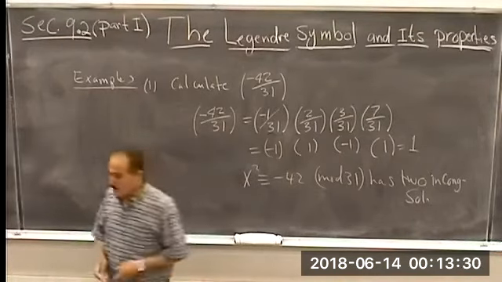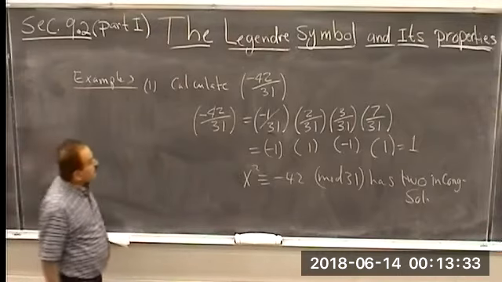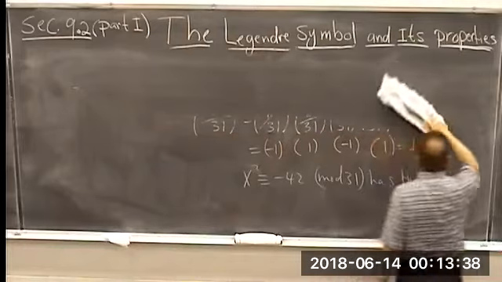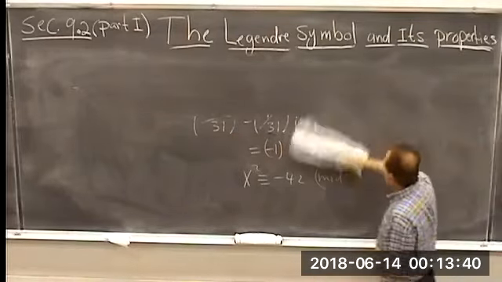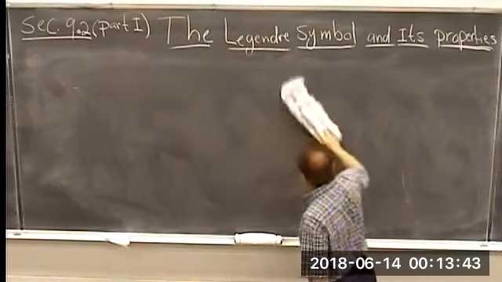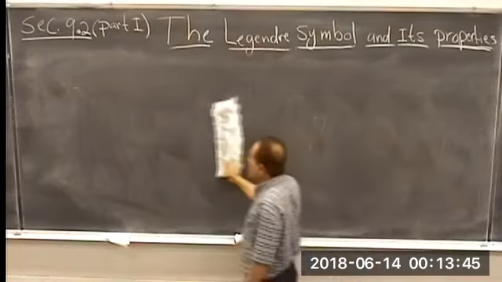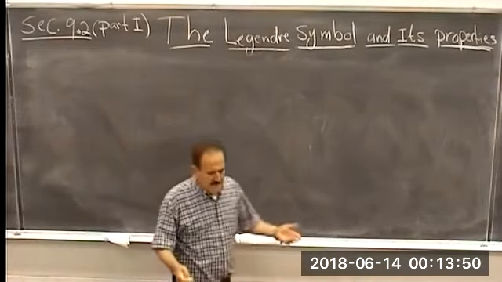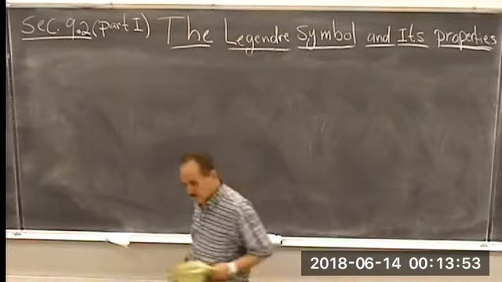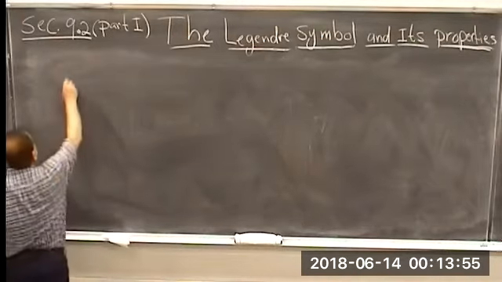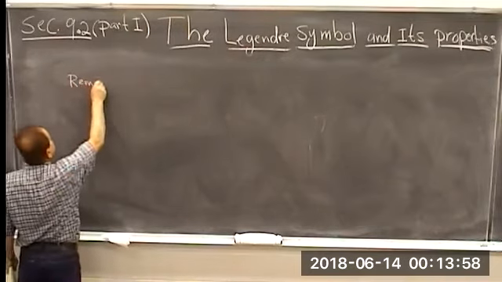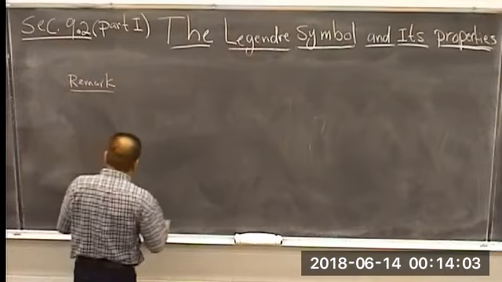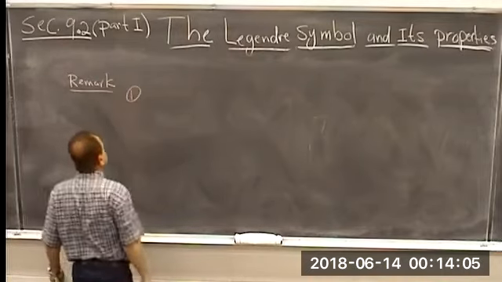So in general, to evaluate a Legendre symbol for any integer n, we have the following. Actually, I just want to write it as a remark. And yes, it consists of 2 parts.